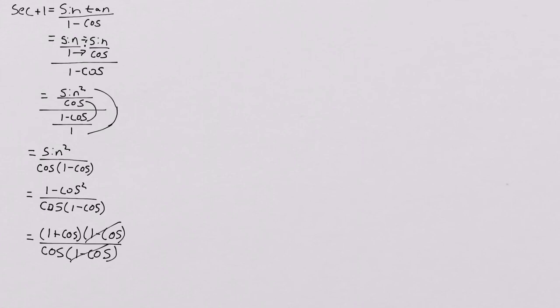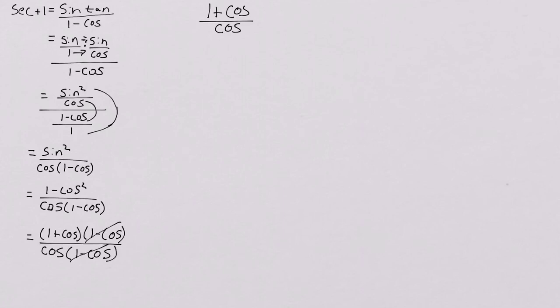So when I rewrite this, up top here, I'm going to end up with 1 plus cosine all over cosine. Now, if you remember, we need to get to secant plus 1. Well, I'm going to take this fraction and rework it backwards.